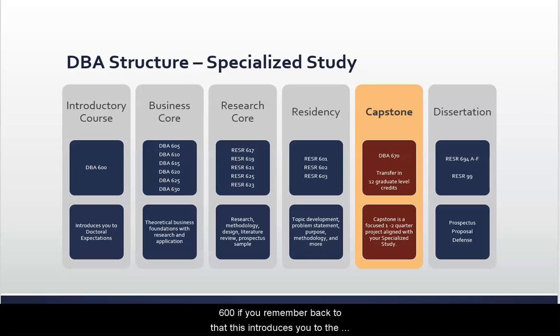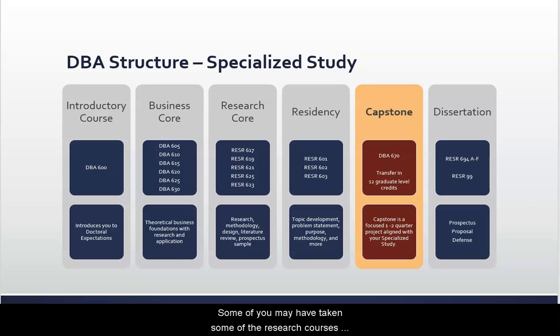If you'll remember back to that, this introduces you to the doctoral expectations. And then there's the business core, and I'm sure that all of you are just basically starting out in the core. You've probably taken a few of these courses thus far, but you're going to learn about the theoretical business foundations with research and application.